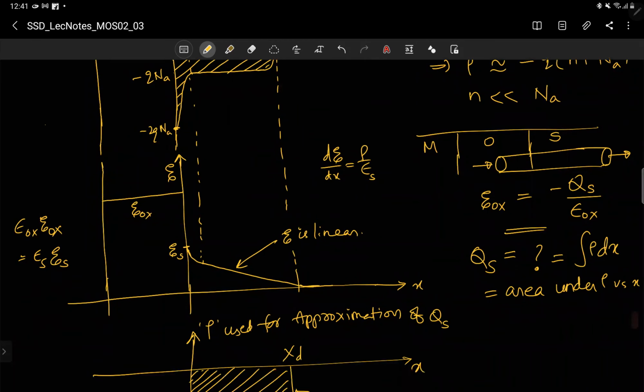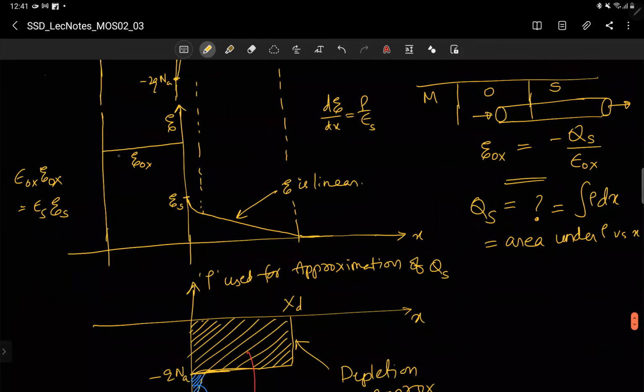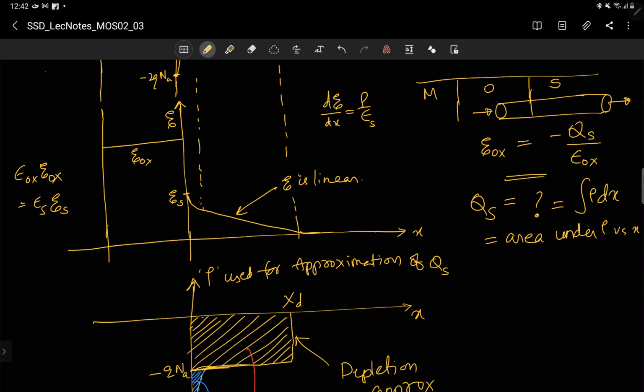Okay, now let us do that to get the threshold voltage Vt. So here also we make some approximation.